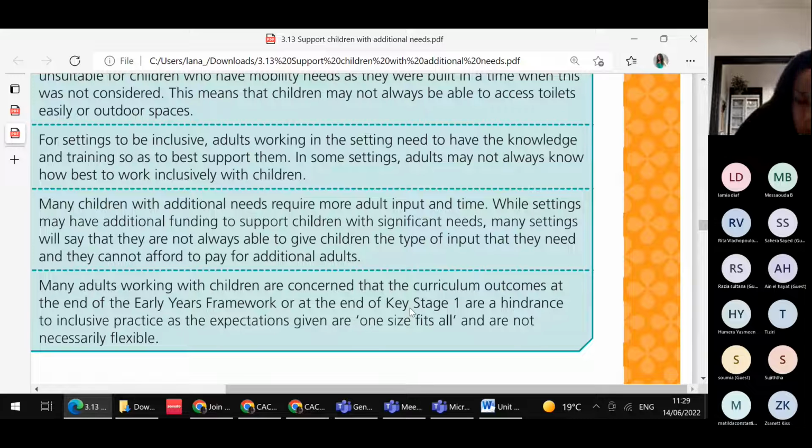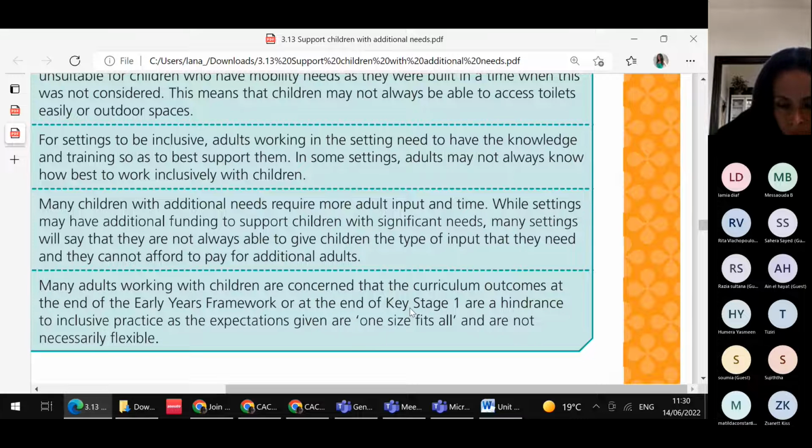The expectations given are one size fits all and not necessarily flexible, because for us to be inclusive, we need to be flexible so we can monitor the children's needs and work flexibly to suit everyone.